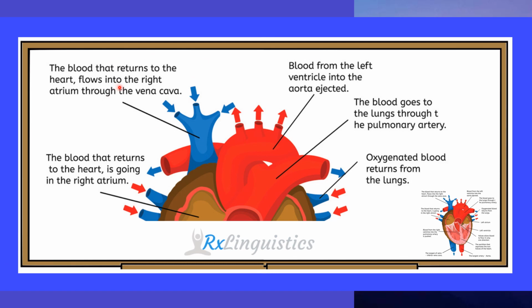So the word into here, flows into, is a preposition. Flows into the right atrium through the vena cava. Into is a preposition, through is a preposition, from also is a preposition. That gives you an idea of how prepositions are used with verbs and next to the noun phrase, establishing a relationship between what is said and what is going to be said next.